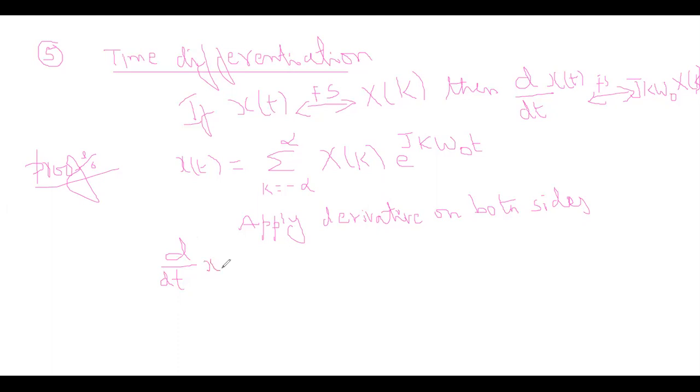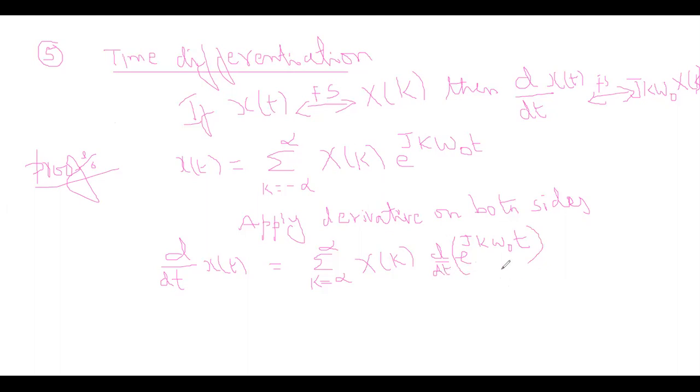The d/dt on the right side: the sum over k is constant with respect to t, and X[k] is also a constant, and only the exponential e^(jkω₀t), not the minus, has t. Following, my students? So here only we have the t.